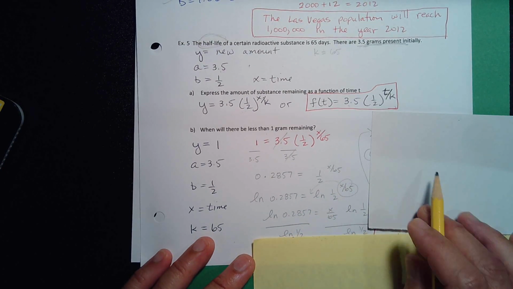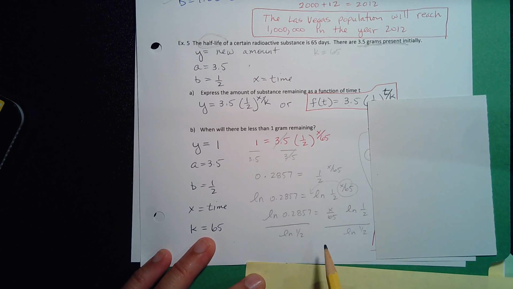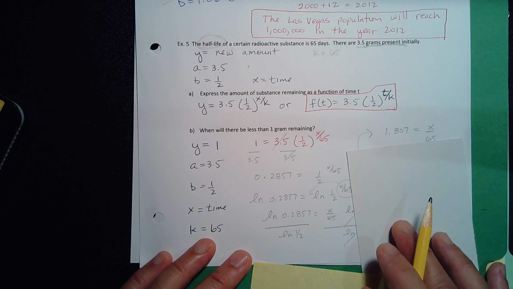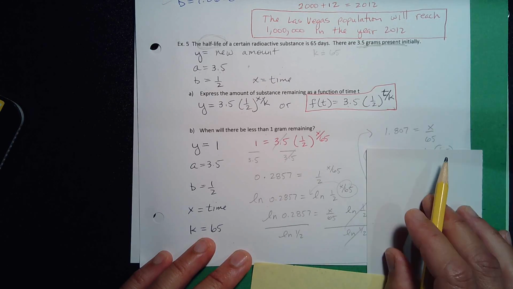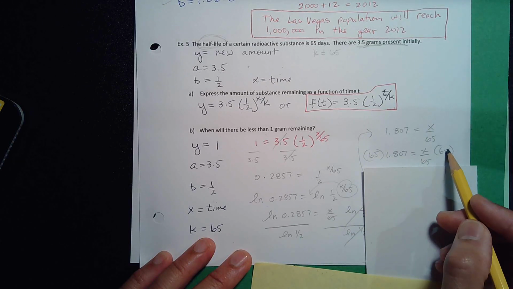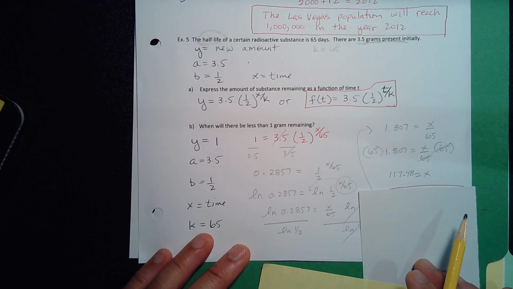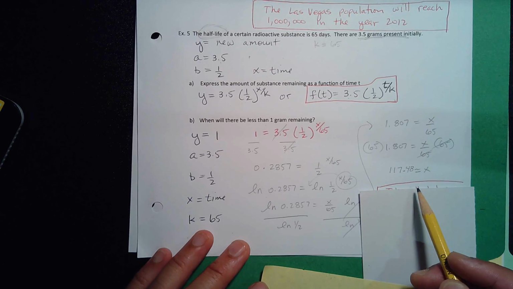So now I divide by log 1/2, log 1/2. That reduces to 1. All of this is equal to 1.807 equals x over 65. Multiply by 65 on both sides. So 65 times 1.807 is approximately 117.48.